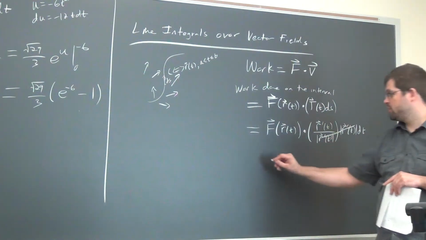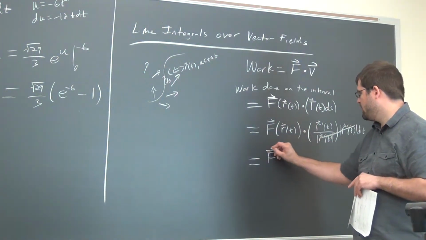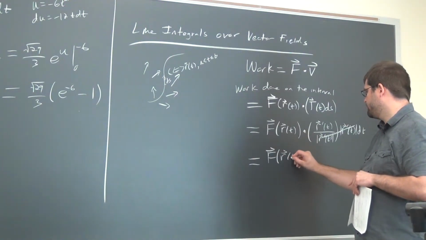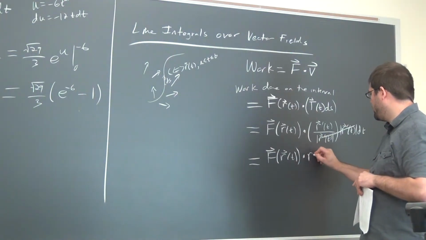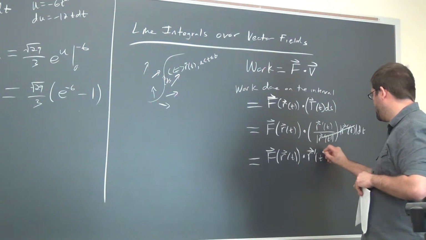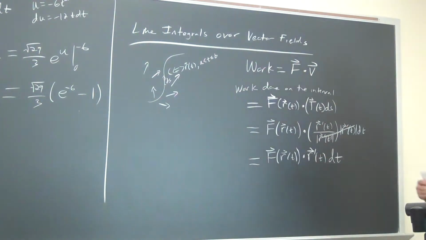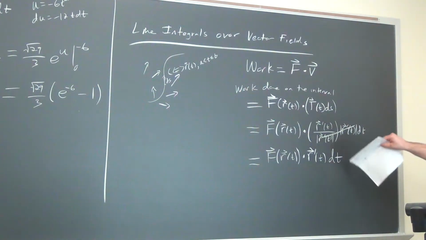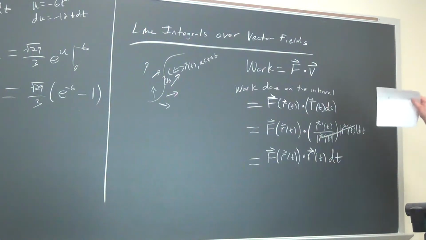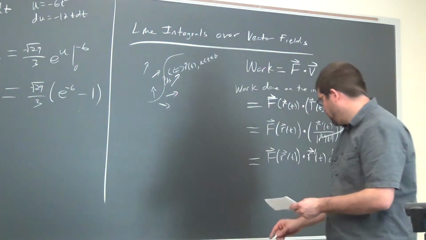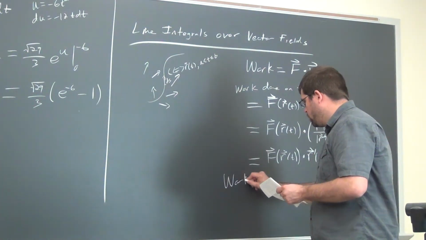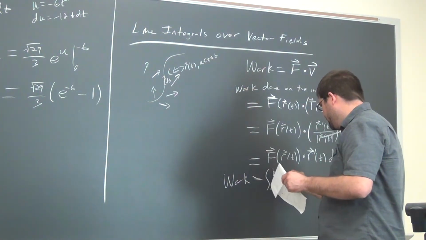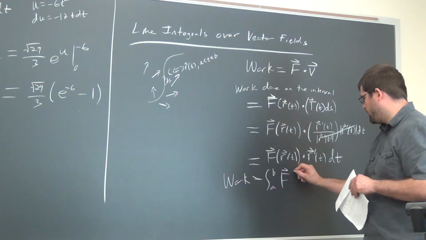And so in this case, everything simplifies down to this. So you get the force at your point dotted with your r prime of t dt. And I've waved my hands on the integral aspect of this, but that's the work done on some little segment, and you add them all up, and the integral pops up, okay? And so the total work should be the integral from a to b of just this right here.